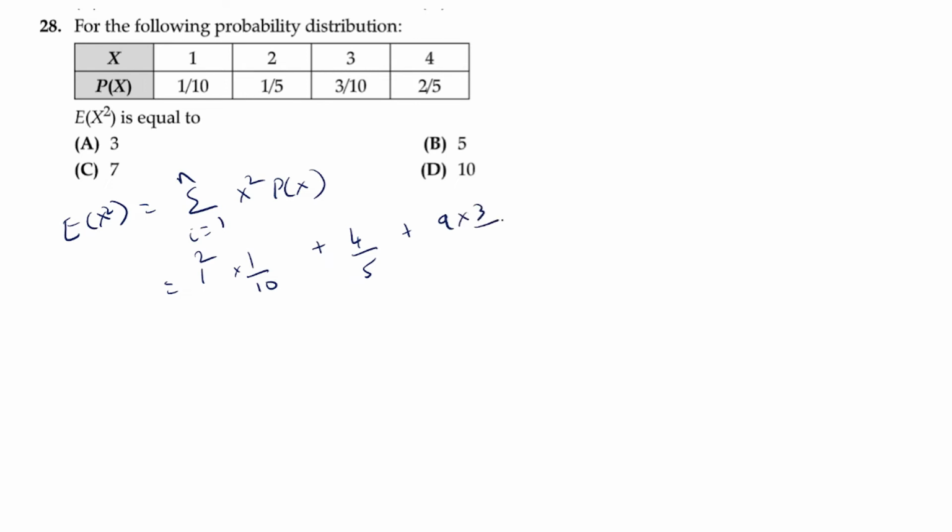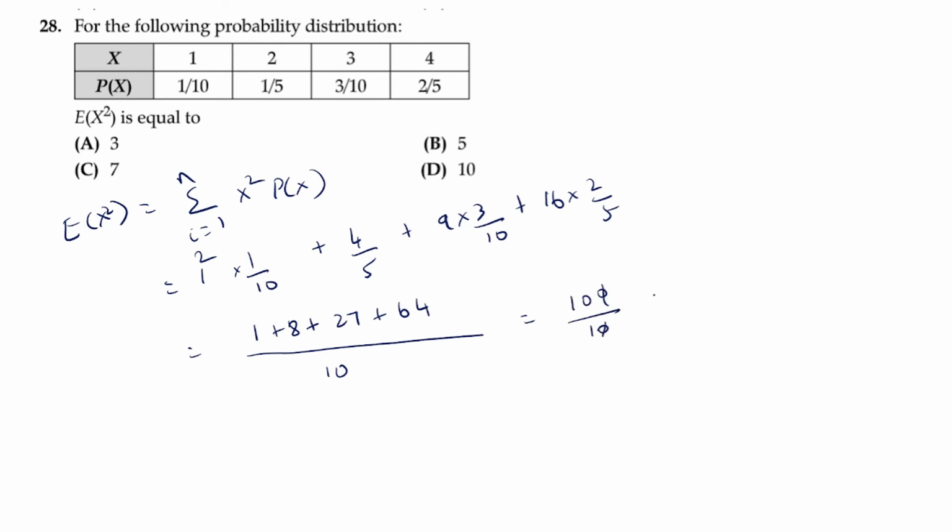So 9 into 3 by 10 plus then 4 square into 2 by 5, 16 into 2 by 5. So here the LCM is 10. So here we have 1 plus 8 plus 27 plus 64. So when we add all these we get 100 by 10. So it is equal to 10. So the correct option is option D.